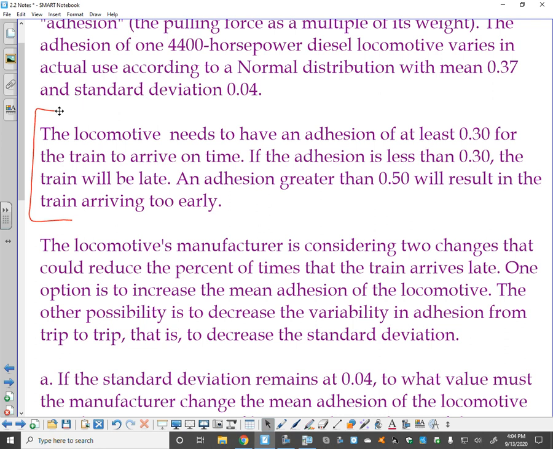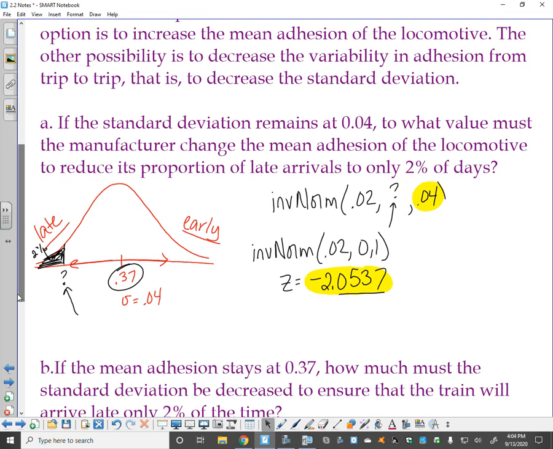So if I know that the train needs to be in between a 0.3 and a 0.5 to be considered on time, and I'm talking about it arriving late, and that's on this side, then I need to not go below that 0.3.